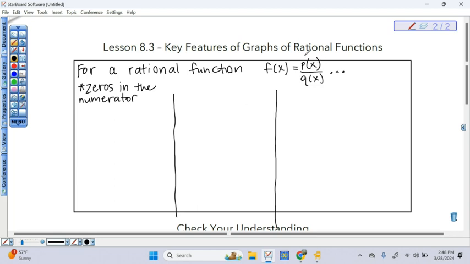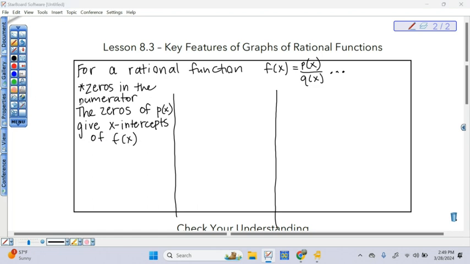Right? The zeros of P of x, so the values that make P of x equal 0, the values that make the numerator equal 0, the zeros of P of x give the x-intercepts of the function. X-intercepts of f of x, right?